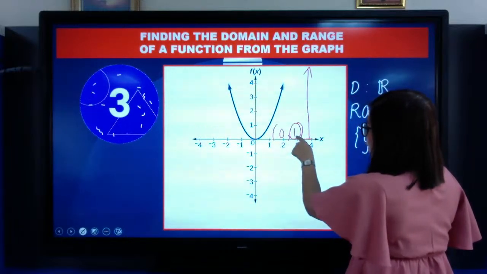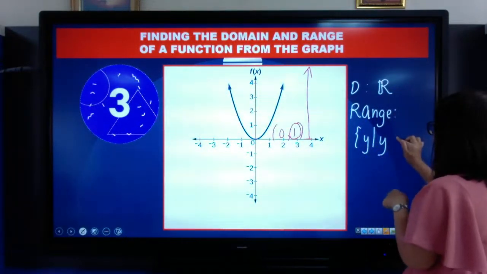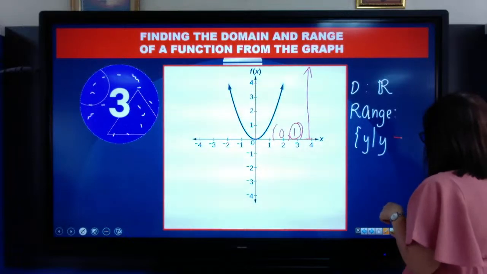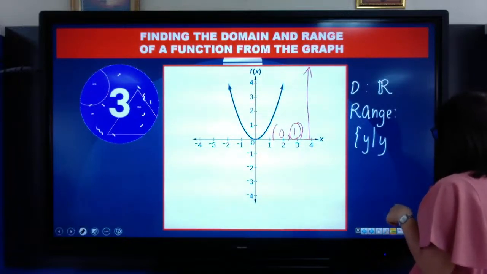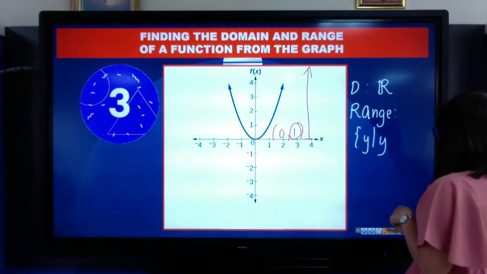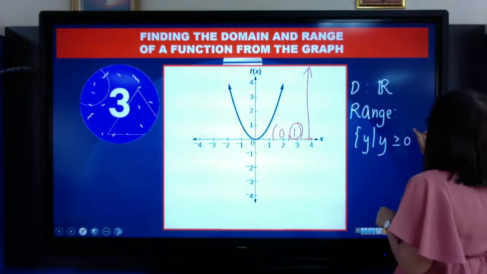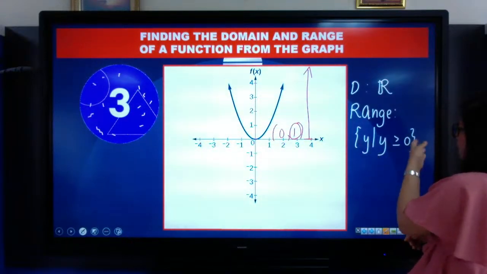The lowest value of y is 1. So the range is set of all y such that y is greater than or equal to 0. This is the answer.